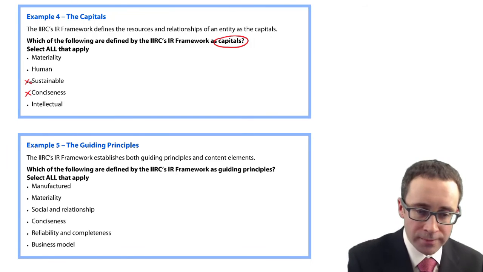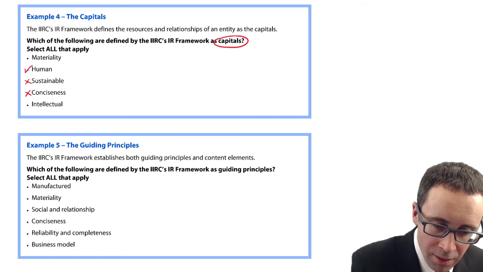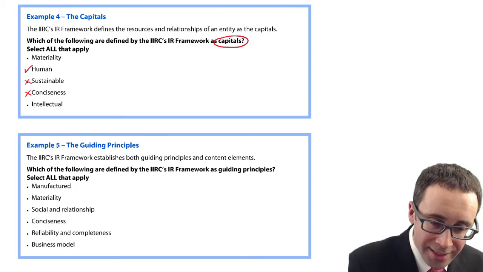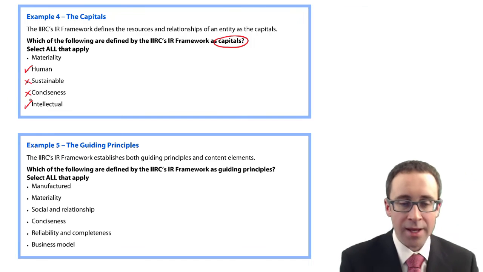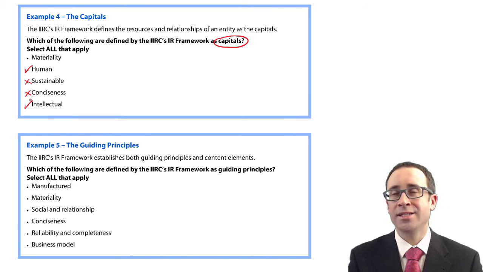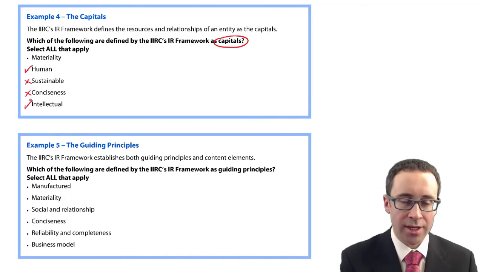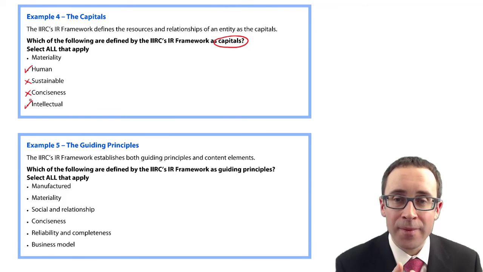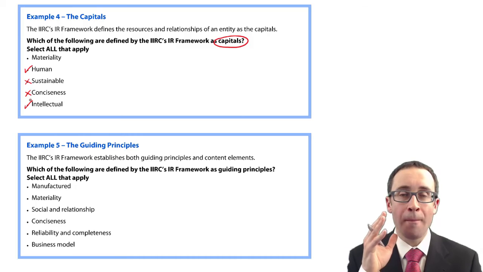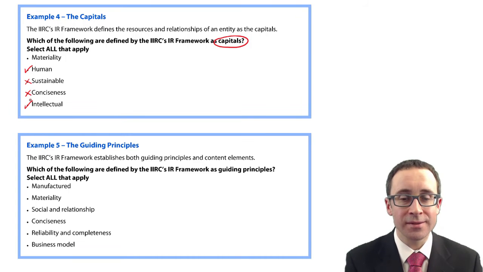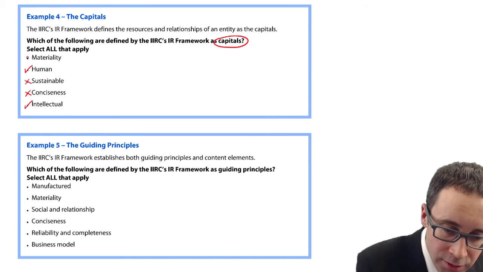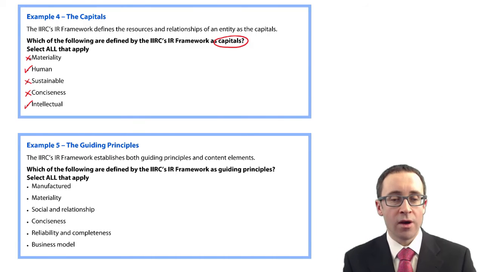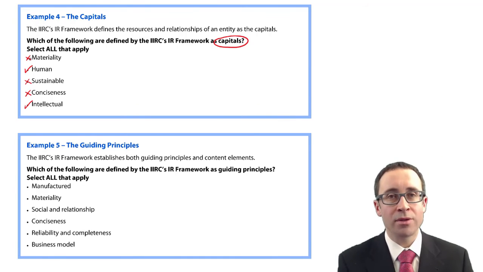H is human, so that's fine. I is your intellectual. SHIN: N is for natural, it's not there. F is for financial, it's not there. M is for your manufactured, isn't it? Not materiality. So be very, very careful. Of those 5, only 2 are capitals.